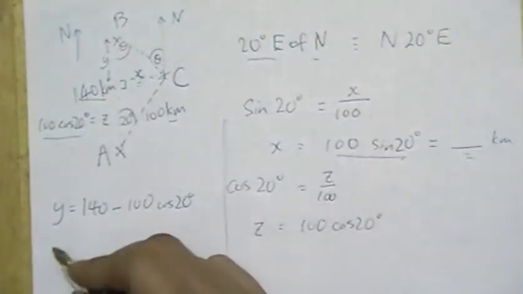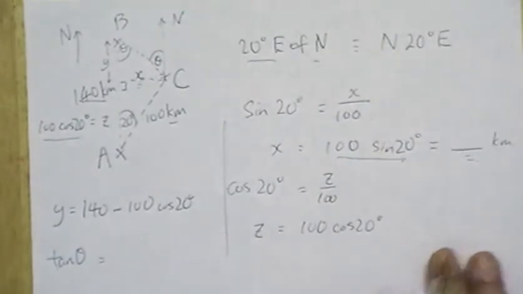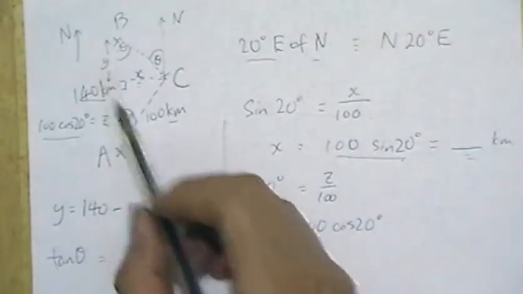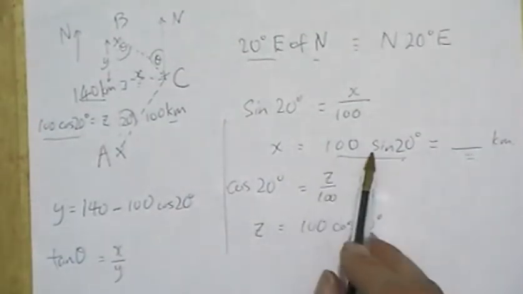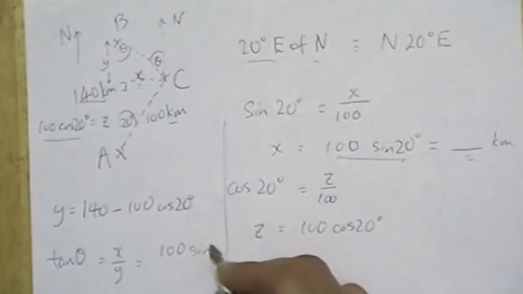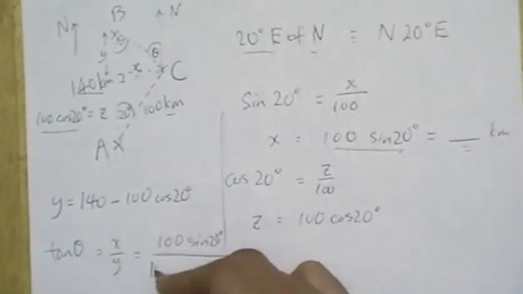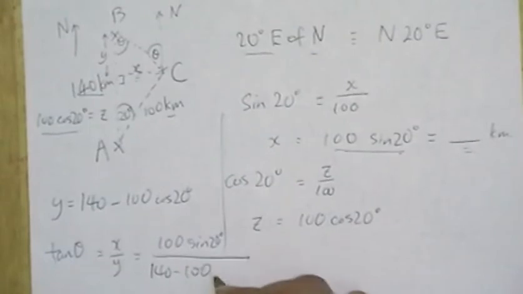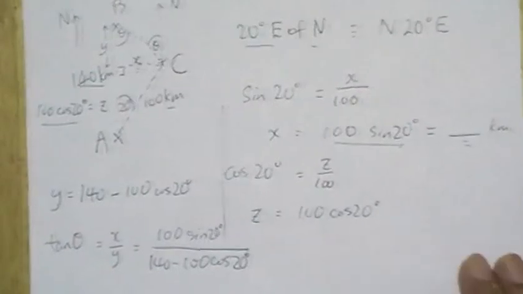So I have tangent theta must be equal to x over y. And we know that x is 100 sine 20 degrees. And we know that y is 140 minus 100 cosine 20 degrees.